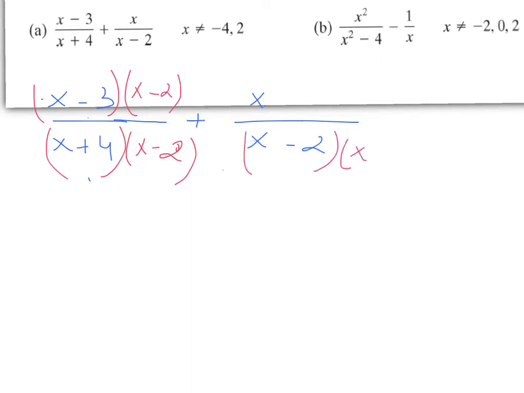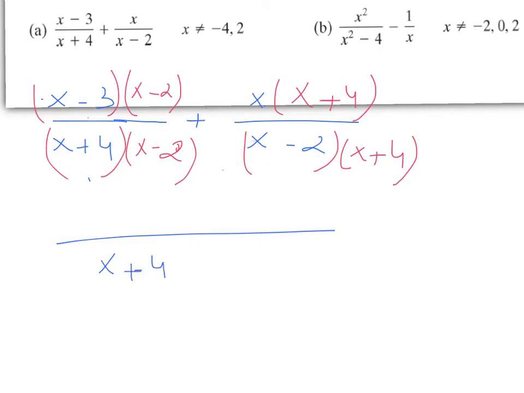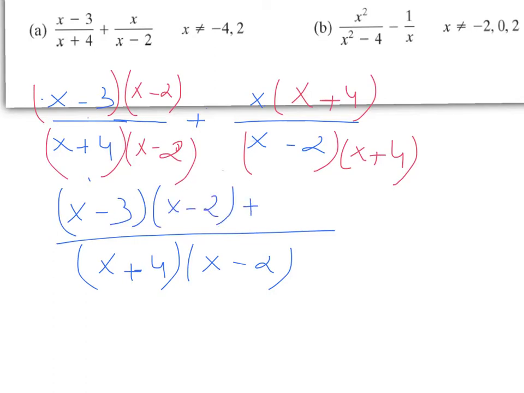Here we need to have x plus 4, so we must multiply also by x plus 4. Well, now we have the same common denominator here. We got x plus 4 times x minus 2, and we can just add up the numerators here. So we got x minus 3 times x minus 2 plus x times x plus 4.